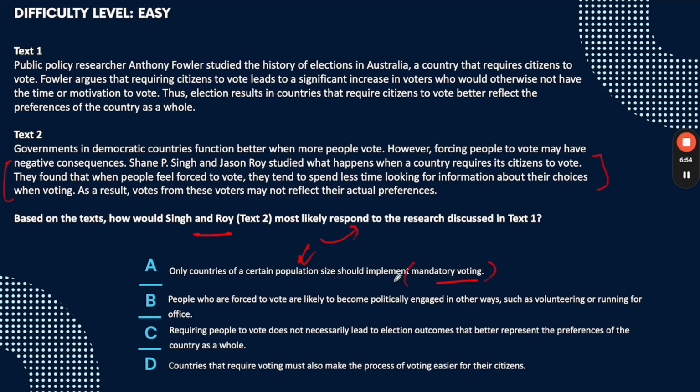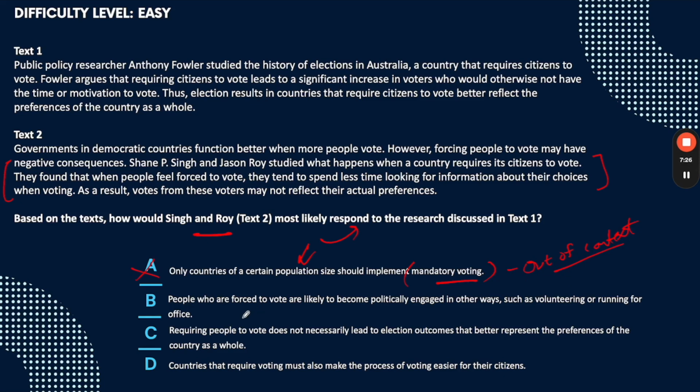They did not mention anywhere in text 2 an ideal population size where a country can implement such mandatory voting. All they said was that you will not know what the voters' actual preferences are if you make voting a compulsion, right? So A is out because this was out of context. This was not even discussed by Singh and Roy, so I can't really comment on that.